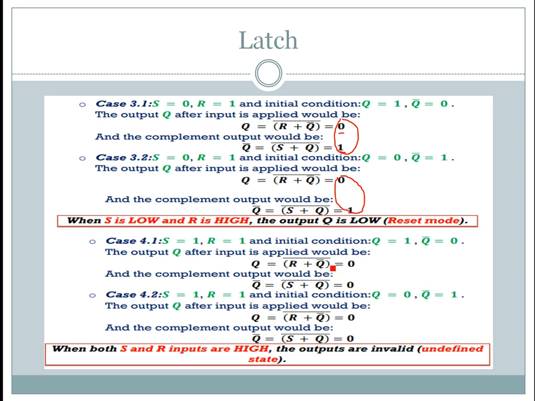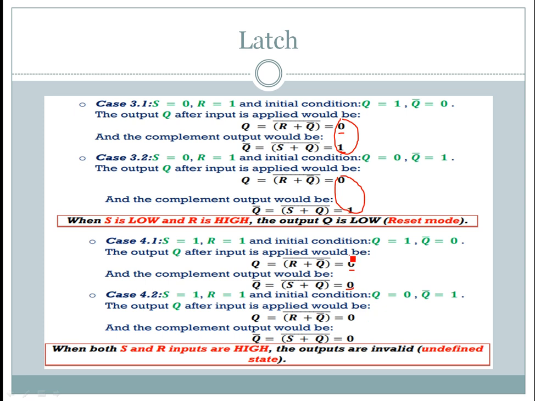R value is 1 and Q bar value is 0, so 1 plus 0 is 1, and the complement of that is 0. And next the complement output Q bar equal to S plus Q whole bar. S value is 1, Q value is 0, 1 plus 0 is 1, complement of that is 0. So here Q value is 0 and Q bar value is 0. And we'll consider the next initial condition, Q equal to 0 and Q bar equal to 1. Here we get Q equal to 0 and Q bar equal to 0.